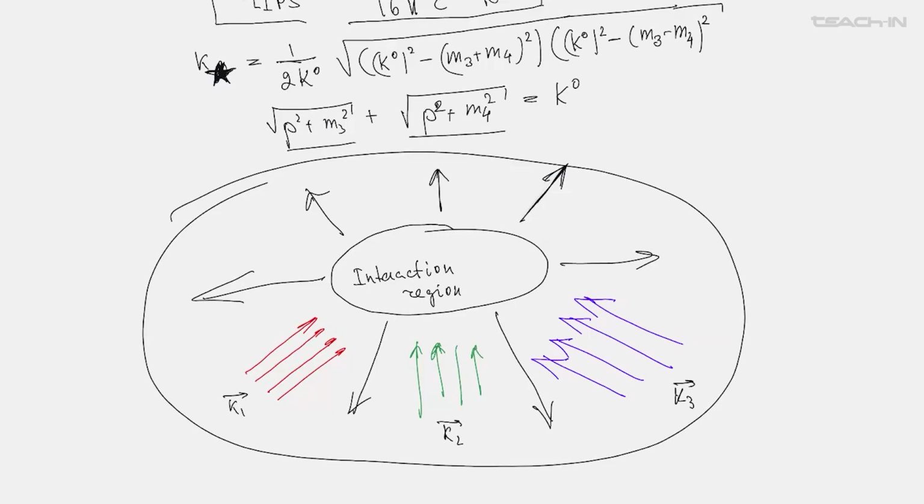Now, of course, you may understand that the quantity which we defined so far also contains information about our accelerator, because the accelerator produces our particles with a certain intensity.